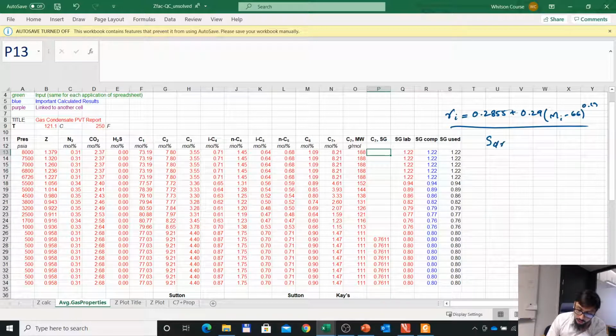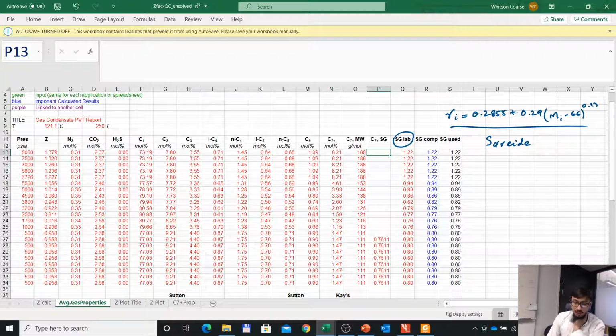So this is Soreda correlation, and we know that this C7 plus molecular weight and gravity, these numbers, are used for calculating the TC and PC of the C7 plus fraction only using this Matthews correlation, which is used in the calculation of the TPC and PPC from Kay's mixing rule. The Sutton correlation is gonna use only the lab specific gravity, so it's gonna only use this number here.